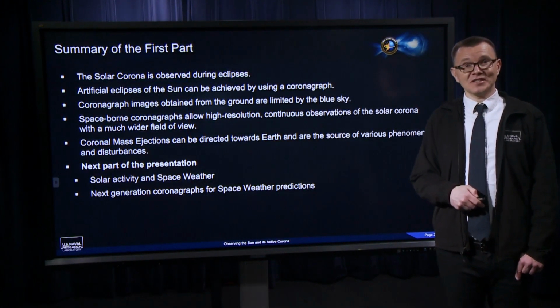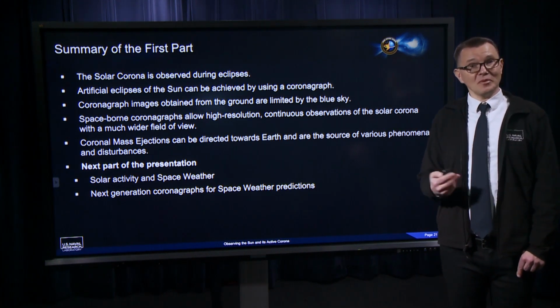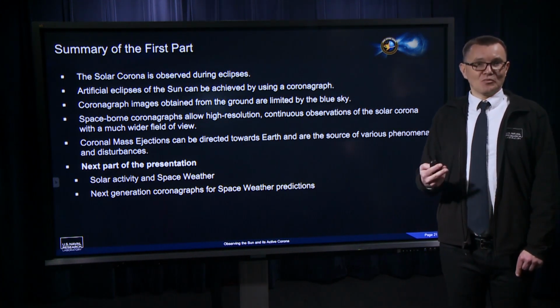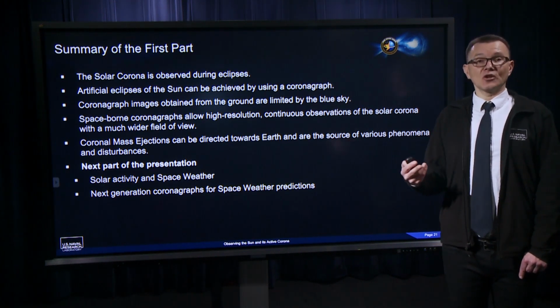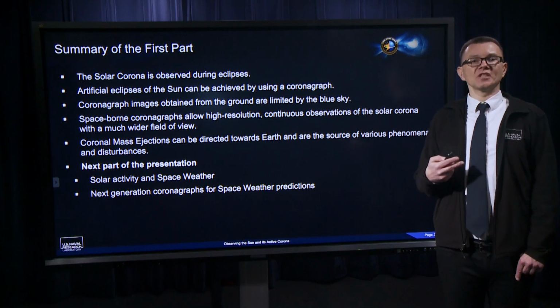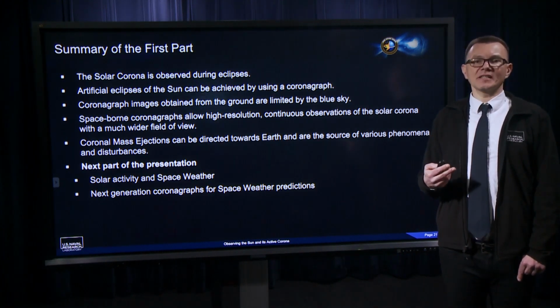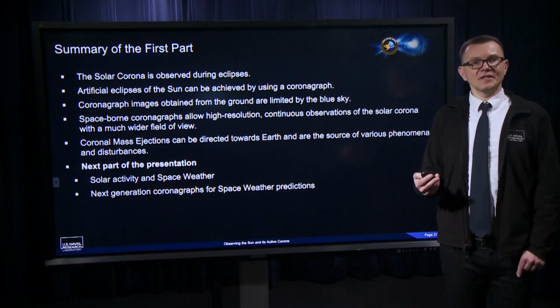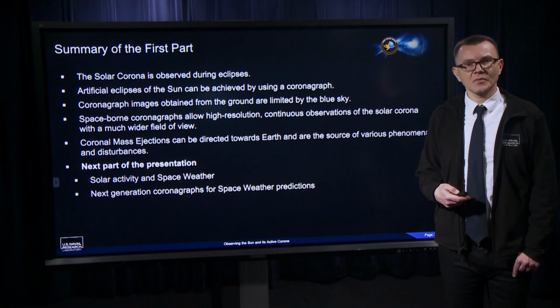Well, it is time to conclude the first part of this video. To sum up, the solar corona is sporadically observed during eclipses, but can be continuously observed using spaceborne coronagraphs. The sun and its corona is active. Its activity is mostly governed by the magnetic field of the sun.